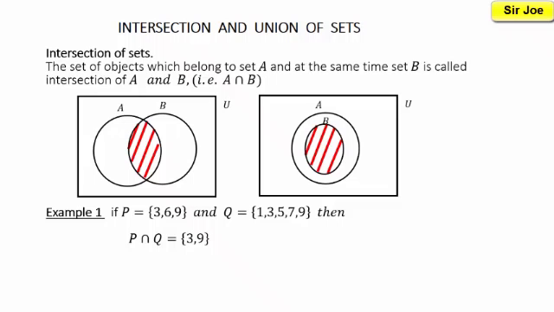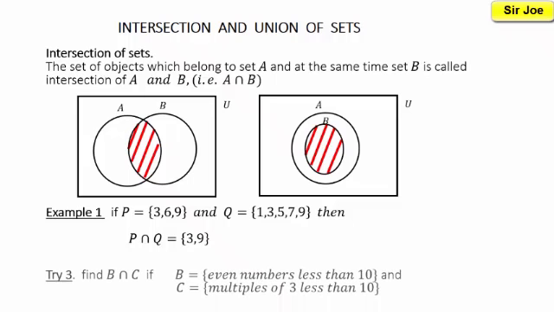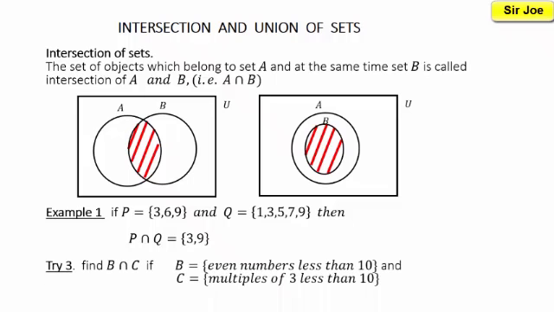So 3 and 9 become the intersection. That's why you have P ∩ Q = {3, 9}. Don't forget to put it in curly brackets. Good. Now try your hands on this one, and then I'll be taking the answers later after the class.